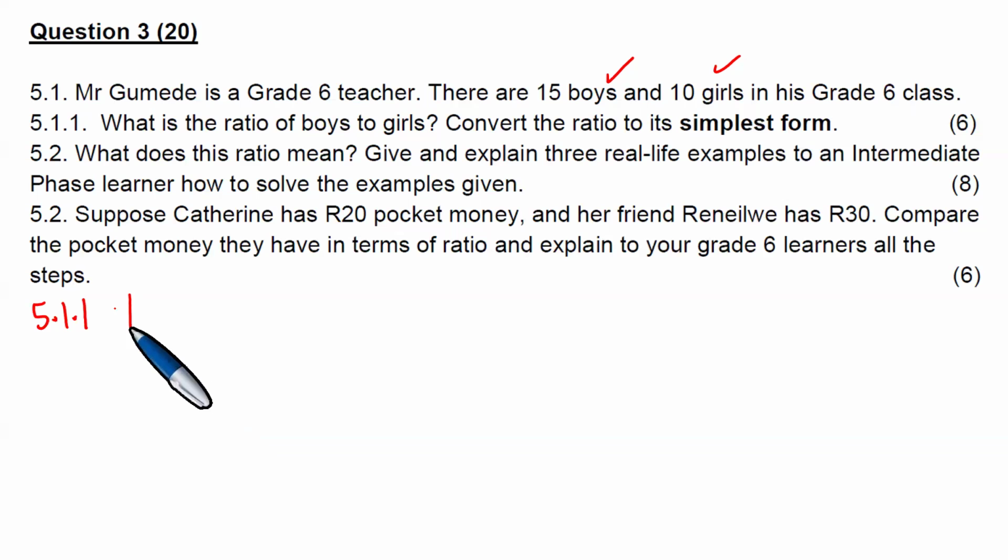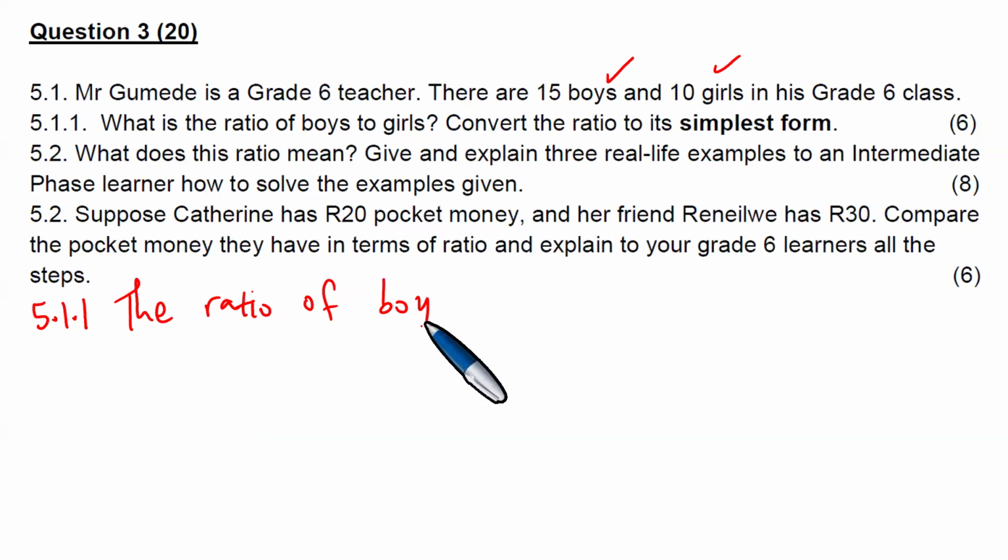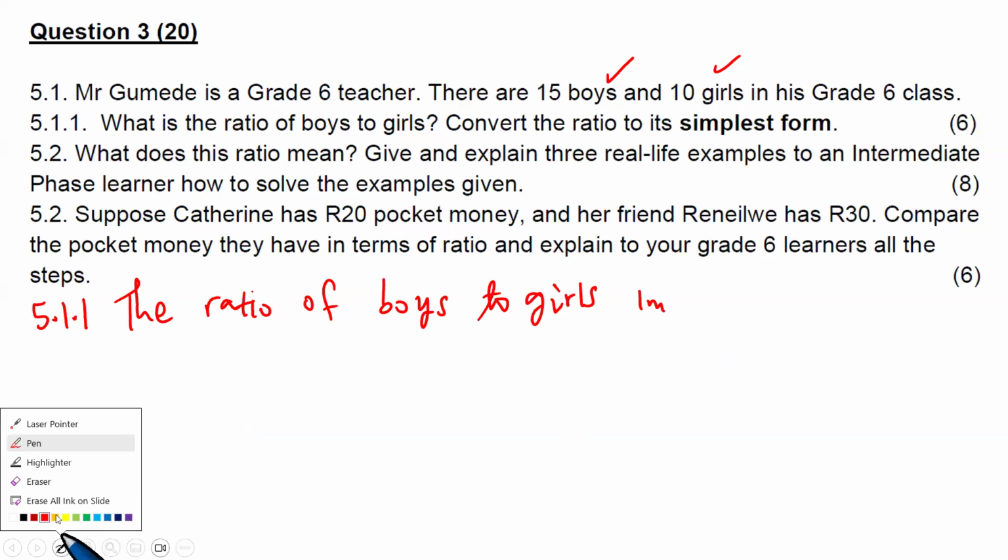Now we know that the ratio of boys first to girls second in Mr. Kumet's class is 15 to 10.